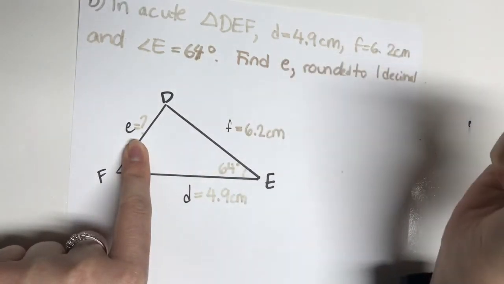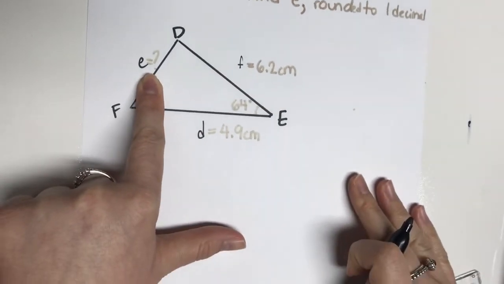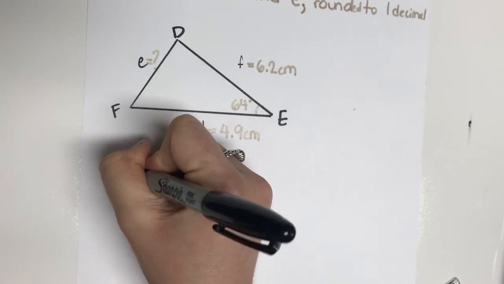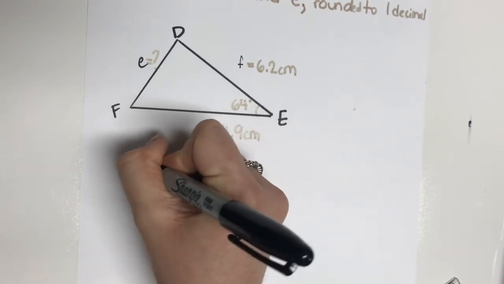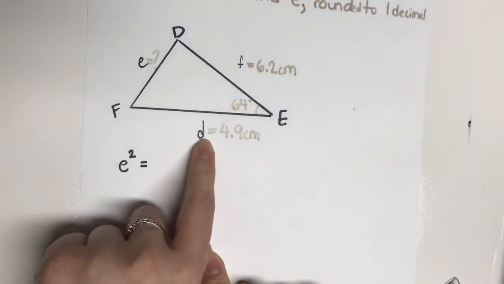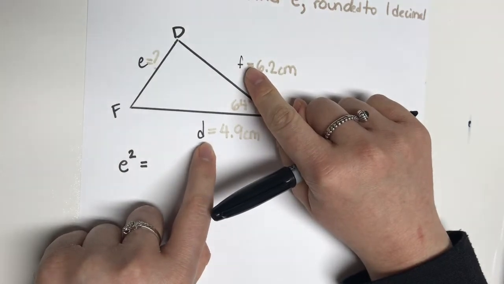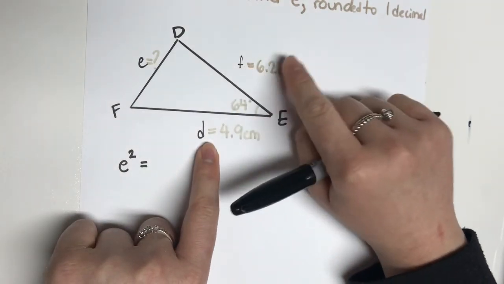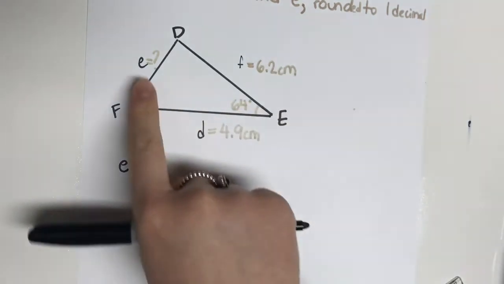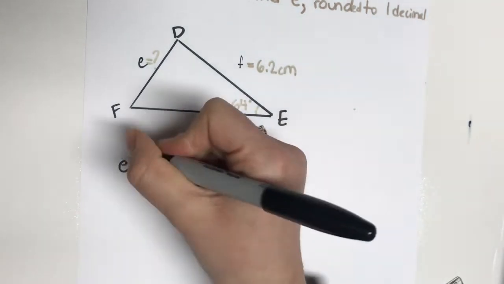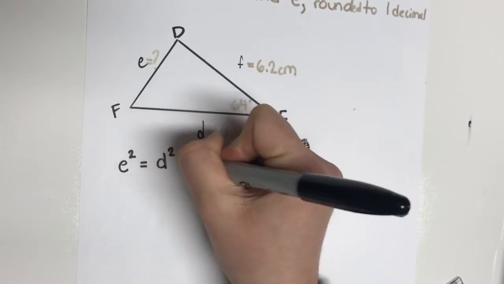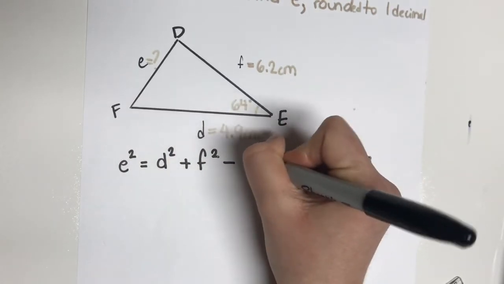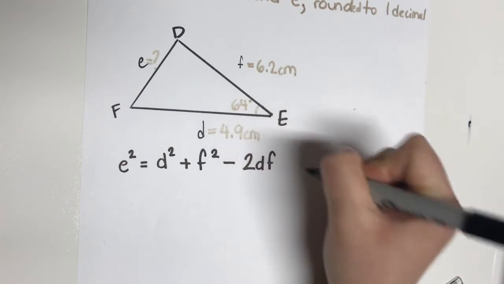So I'm just going to write it underneath. I'm going to say E squared is equal to, now I'm using D and F more than I'm using E because those are my other two values, not the one that I'm looking for. So E squared is equal to D squared plus F squared minus 2DF.